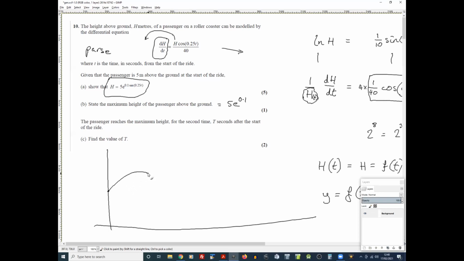Is it actually going to be periodic indeed? I don't think we have to.